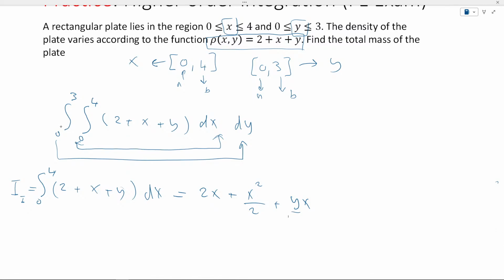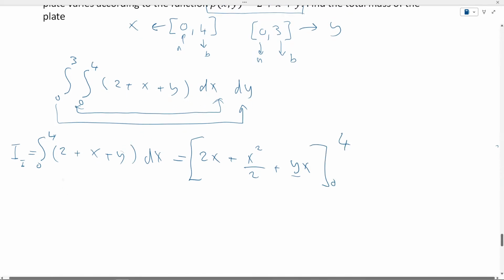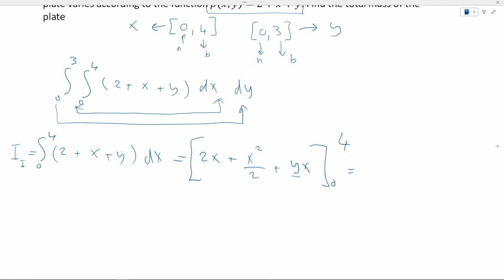And this will be evaluated from 0 to 4, yeah? So if I evaluate this from 0 to 4, all the terms with 0 will go away. So basically I'm evaluating it at 4. That is 2 times 4 plus 4 squared divided by 2 plus 4y. So how can I simplify this?